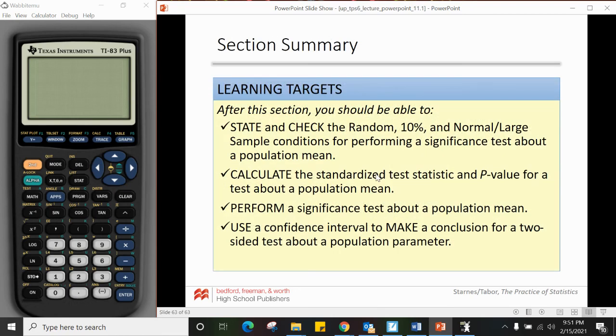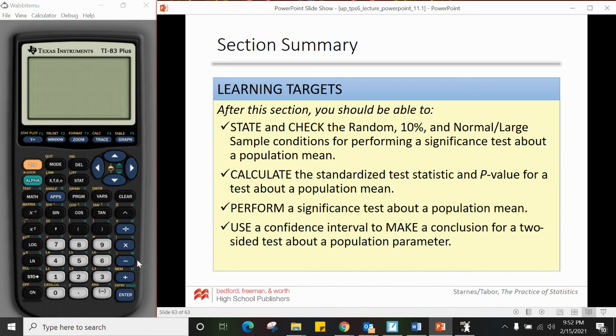All right. So that is all we have for today in 11.1. You should be able to state and check the random, 10%, and normal large sample conditions for performing a significance test. Calculate the standardized test statistic. That really is our t-score that I was talking about. T is equal to x bar minus mu naught divided by s sub x over the square root of n.